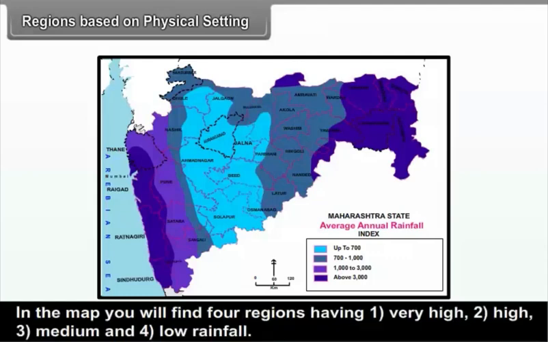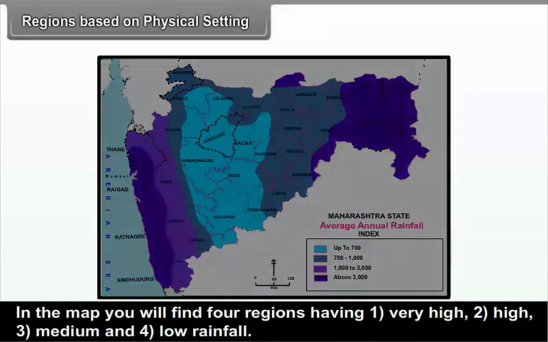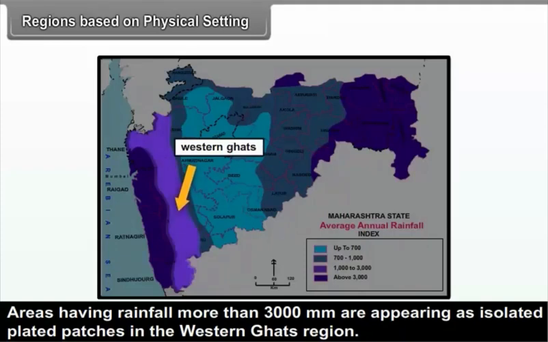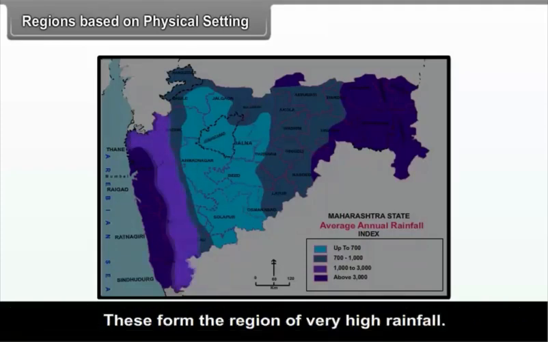In the map, you will find 4 regions having very high, high, medium and low rainfall. Areas having rainfall more than 3000 mm are appearing as isolated patches in the Western Ghat region. These form the region of very high rainfall.